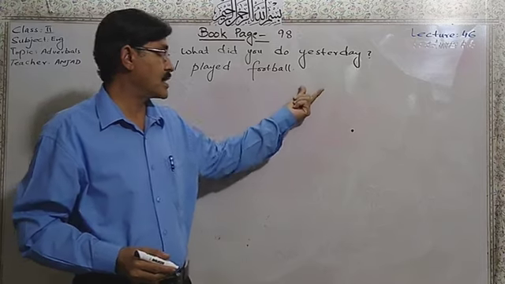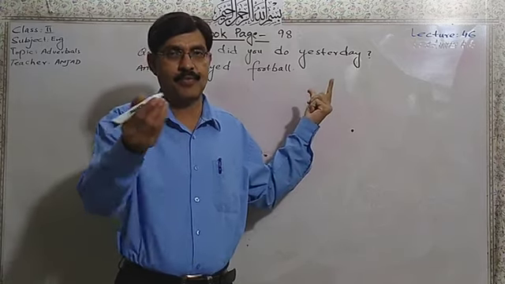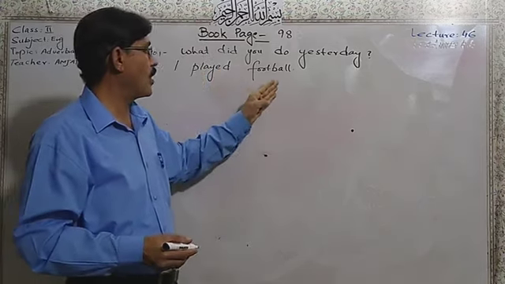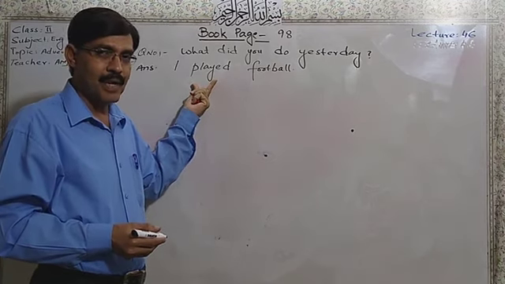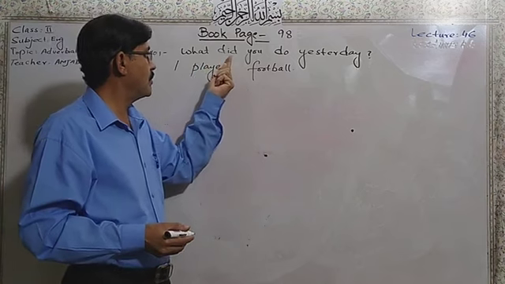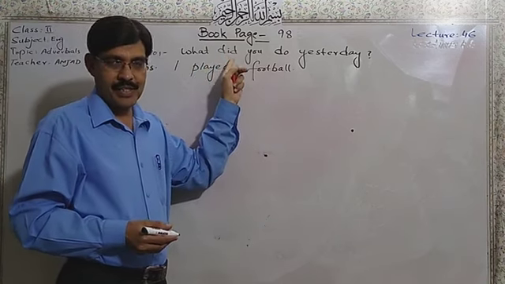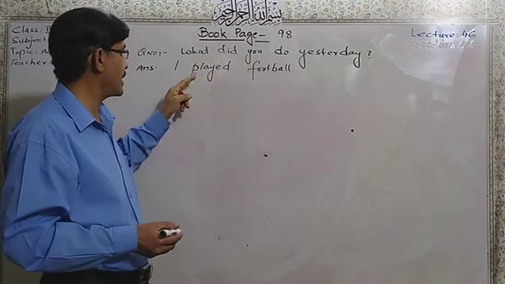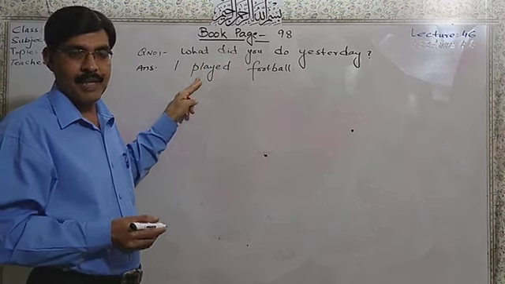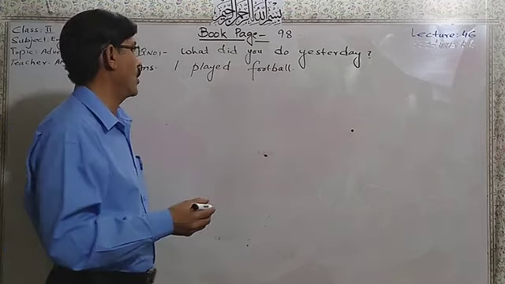You can write also yesterday, but it is a short one, it is better for you. I played football. Why do we have the second form of the verb, simple past? Because we have did here in the question. When we have did in the question, you have to write the second form of the verb. Played. I played football.